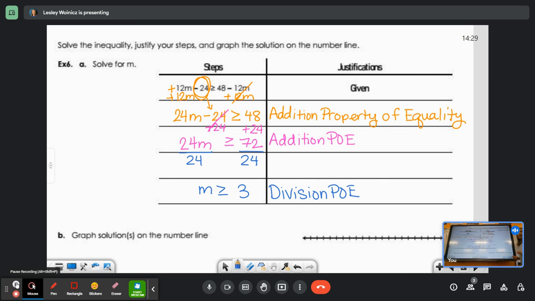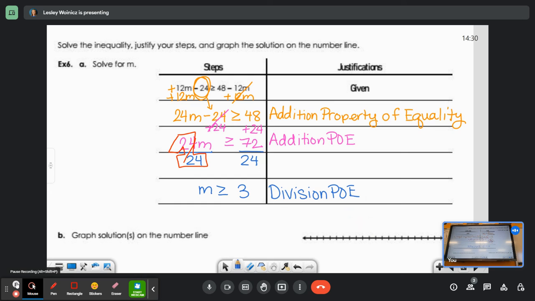Okay, go ahead and graph it. Okay, what kind of dot? It's a closed dot because of the or equal to.